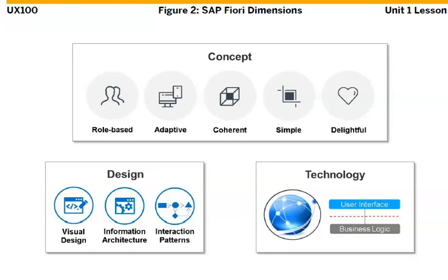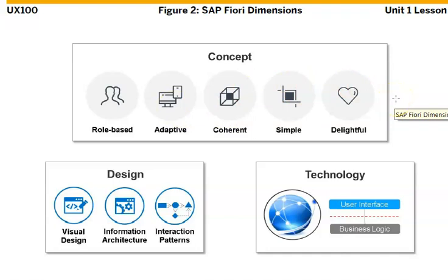As we see, the manager is able to see one kind of data and the employees see other data, but the report is the same. That is role based. Adaptive means it gets adapted to any kind of device that we are using, whether a laptop, desktop, mobile, or tablet; it accustoms itself to it.